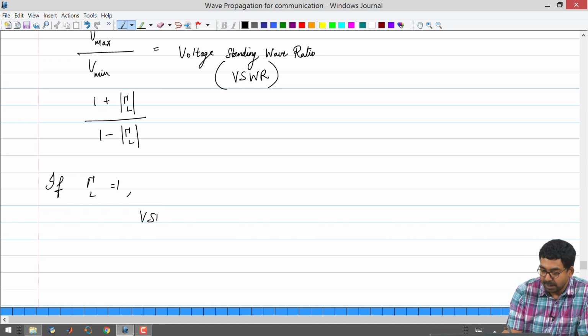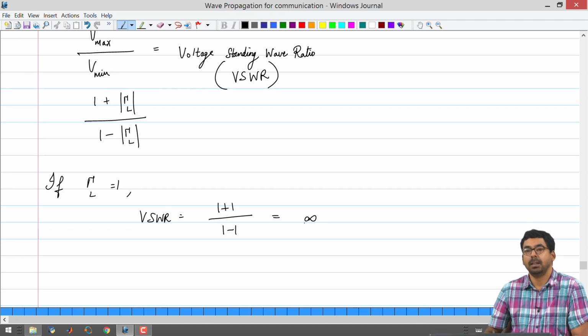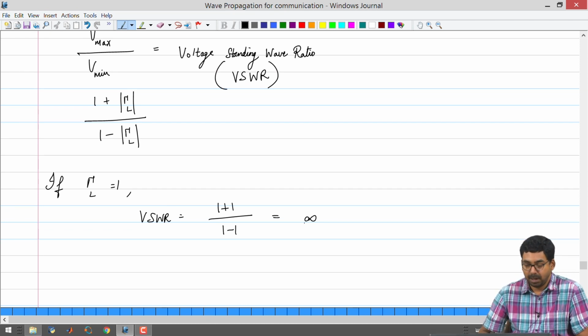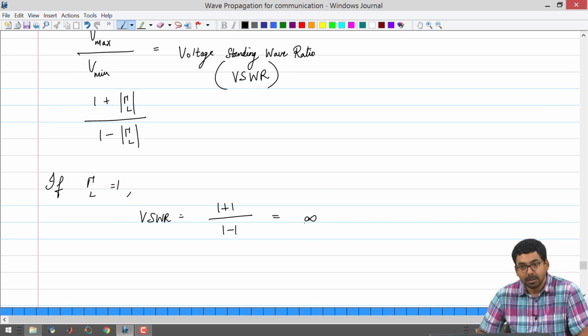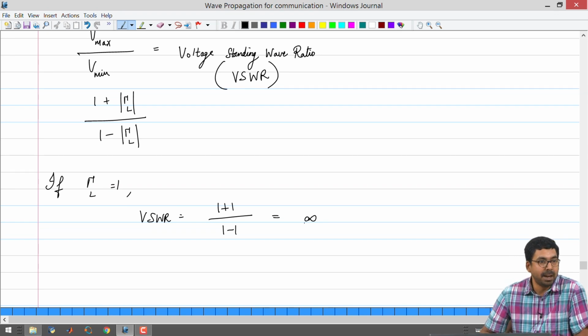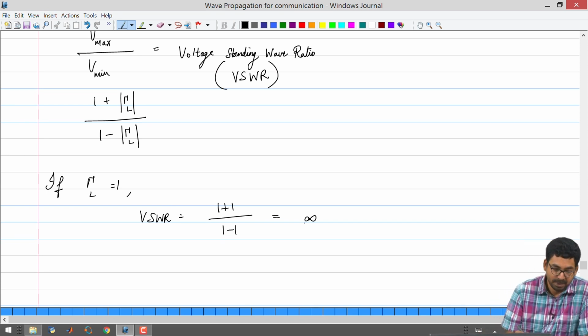So, I will have the voltage standing wave ratio equal to 1 plus 1 divided by 1 minus 1, which is going to be infinity. The minimum voltage in my transmission line was 0, because of which my voltage standing wave ratio is infinity. So, I am having huge standing waves in my transmission line, that is what it means.